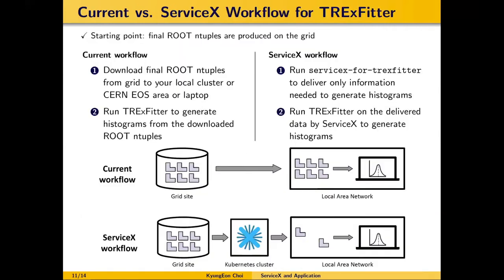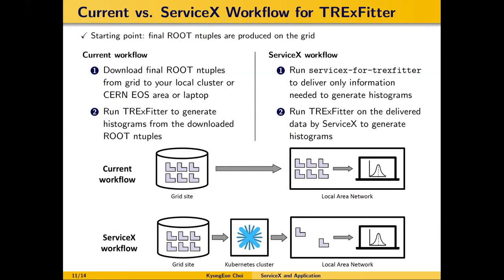Let me compare the current workflow with the one with ServiceX. Let's say we have final ROOT ntuples produced on the grid. In the current workflow, we need to download all ntuples from the grid to a local cluster or some US area or your laptop, as shown in the diagram, and then run TRExFitter to generate histograms from the downloaded ROOT ntuples.